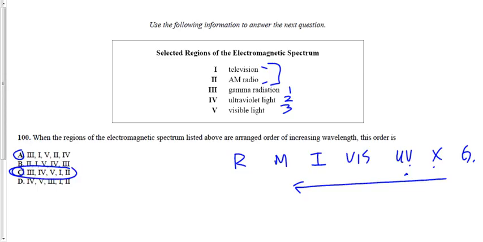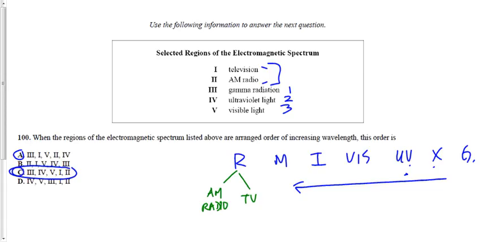We don't have to be able to distinguish between radio waves, AM radio waves, and television waves. If you did, you would find that AM radio waves come before TV in terms of frequency or after TV in terms of wavelength, but you didn't need to know that, okay?